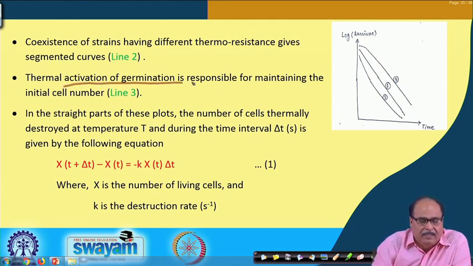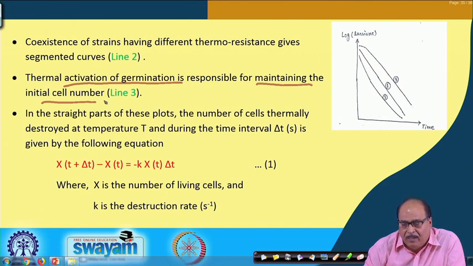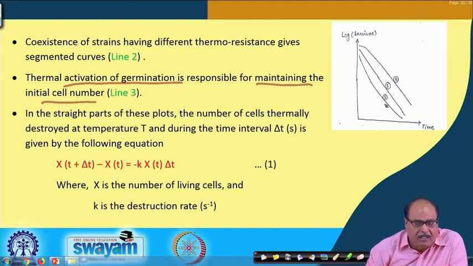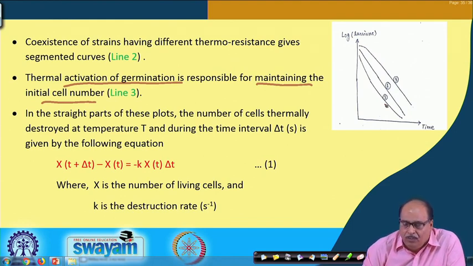Thermal activation of germination is responsible for maintaining the initial cell number, which is shown in line 3. So, in the straight path of these plots, line 1 is fully straight, and in 3 and 2 also there are some portions which are straight.